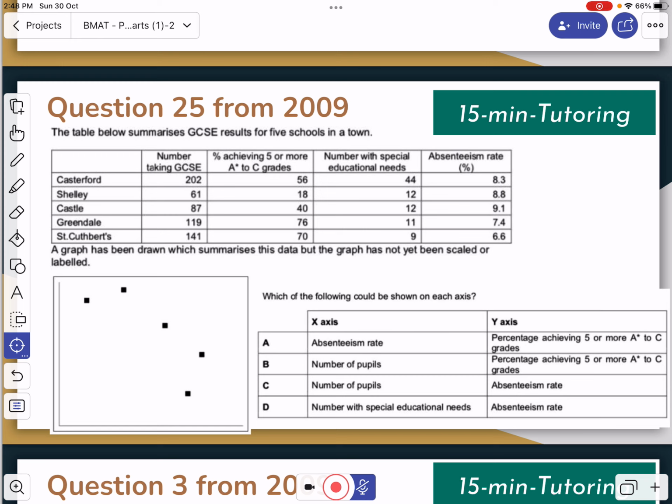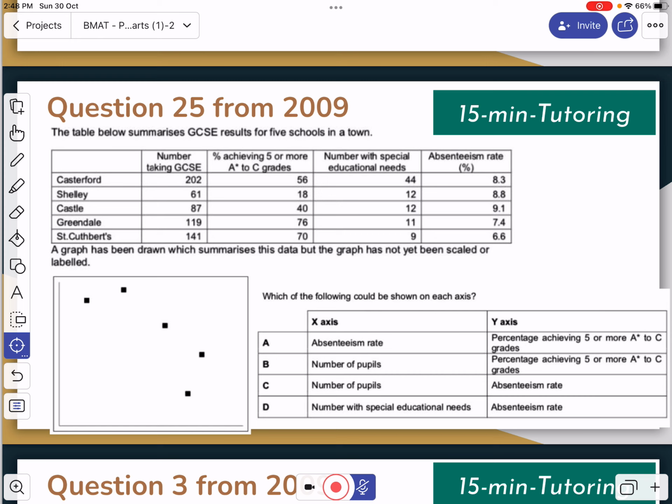In this case, the table gives you data on each school in different measures: number of students taking GCSE, percent achieving 5 or more, number of students with special educational needs, and absenteeism rate.